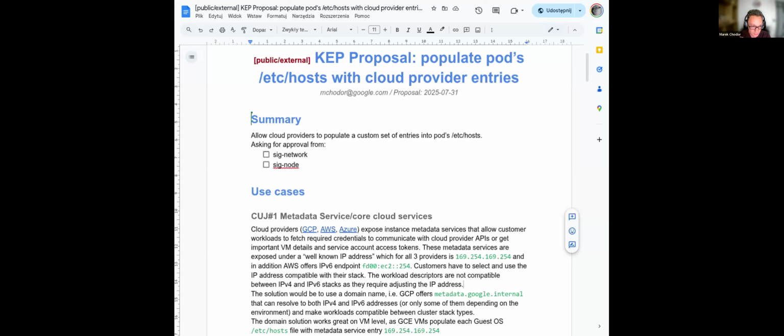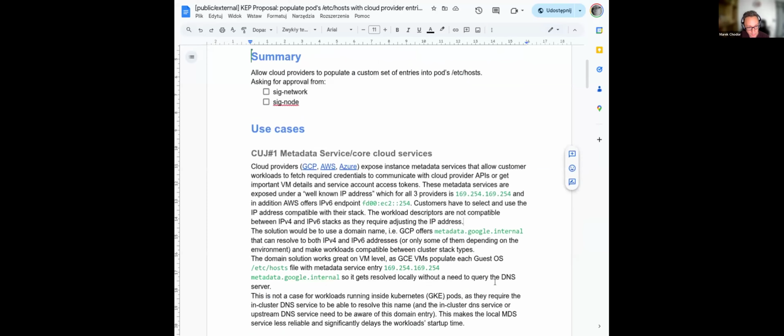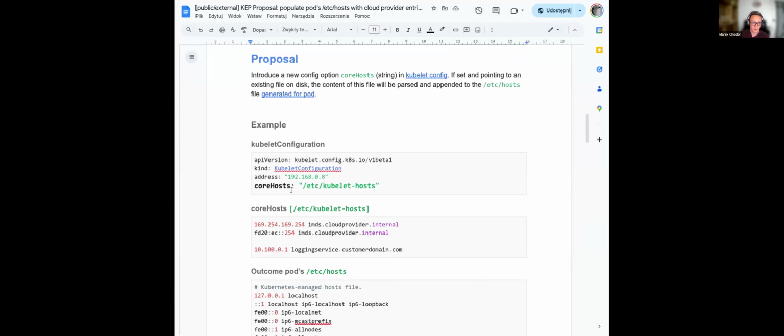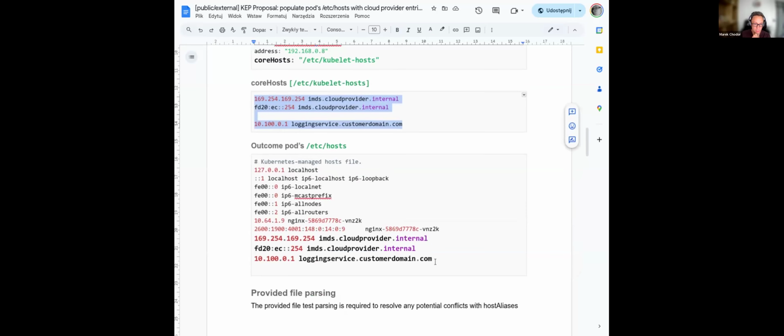So the proposal right now is to allow configuring this IP address in pods etc host by providing something that we, let's say, call core hosts. This will be an additional kubelet configuration flag that will point to a file managed by the cloud provider, and it will allow the cloud provider to populate additional entries to the pods etc host.